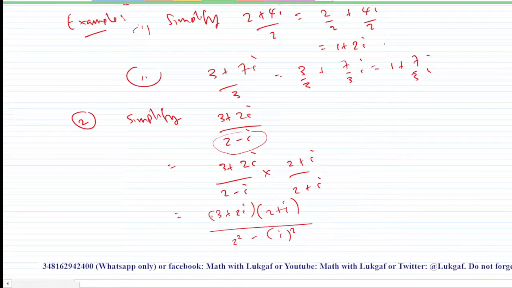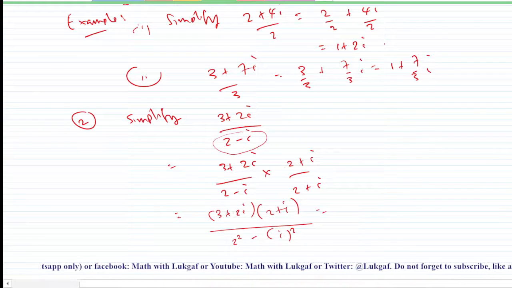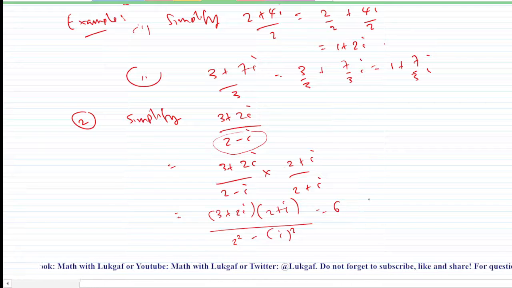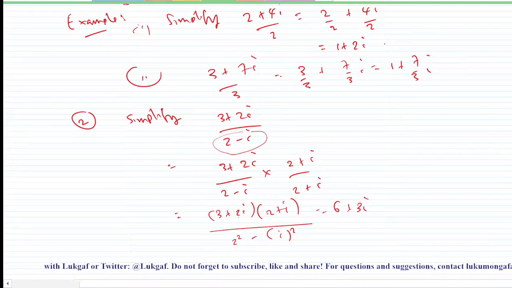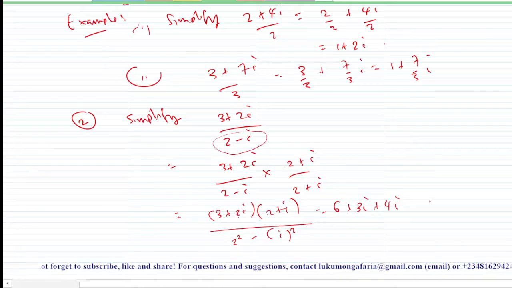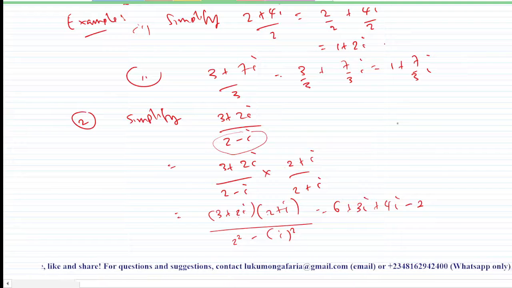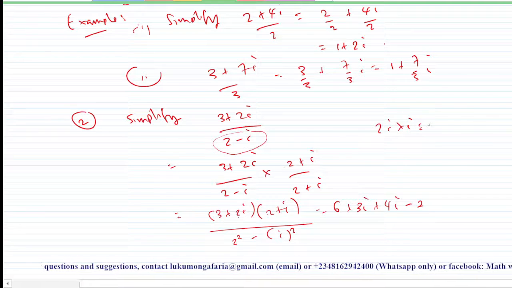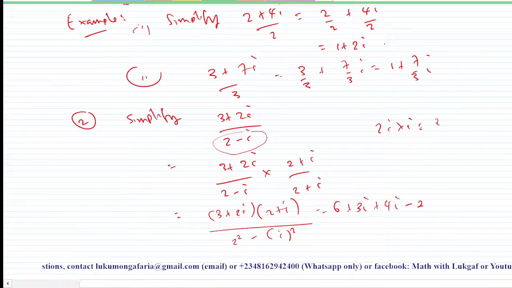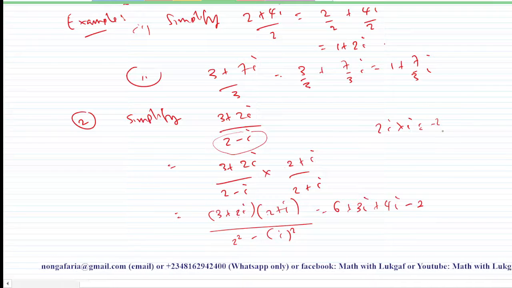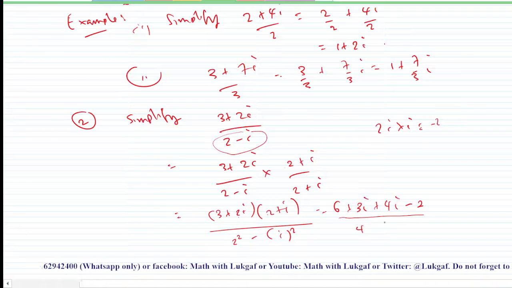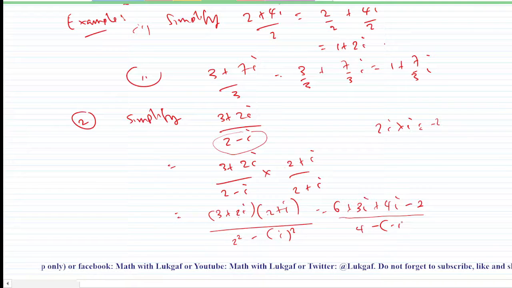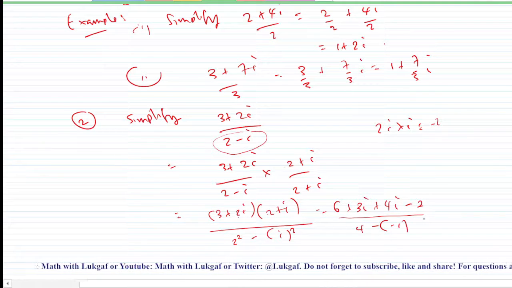So if you expand this, this is going to give me 6 plus 3i plus 4i, right? Then minus 2. Do you know how it is minus 2? 2i times i, that's 2 times 1, 2. i times i is i squared, and i squared is minus 1. That's why I have minus 2 here. Then divided by 4 minus minus 1, because i squared is minus 1, right?